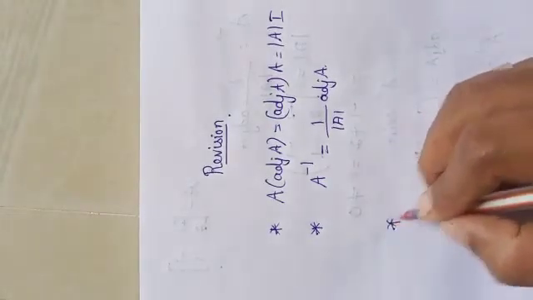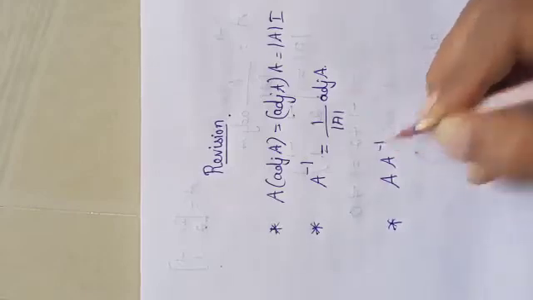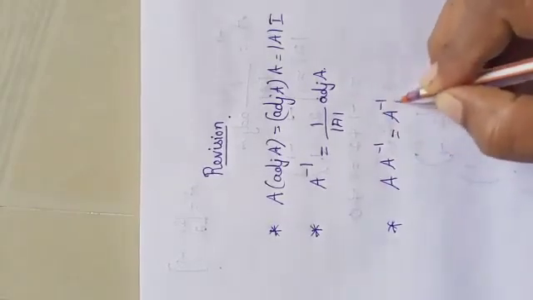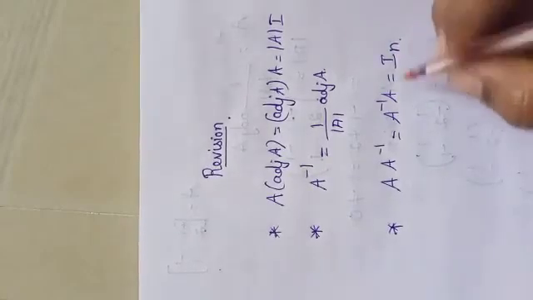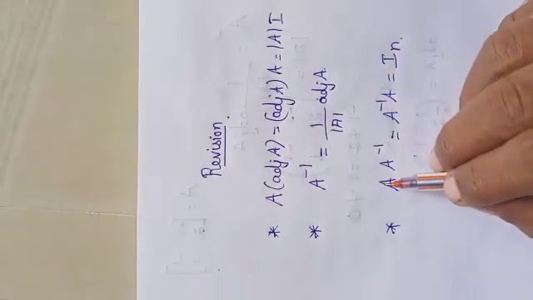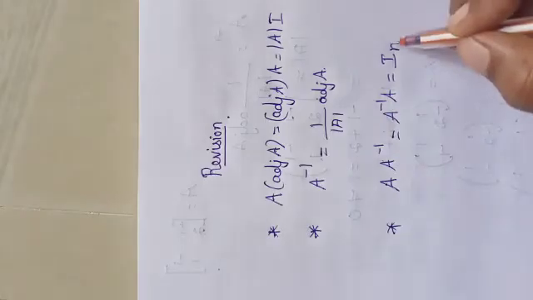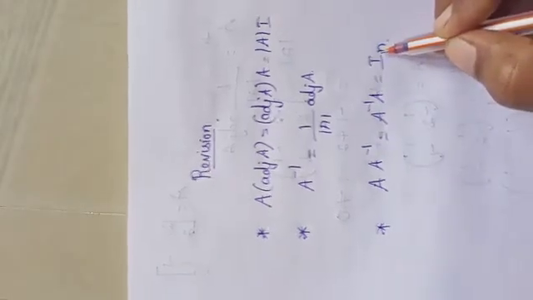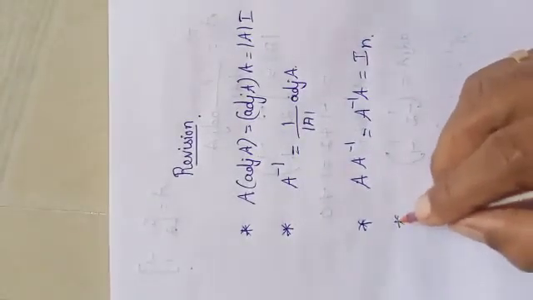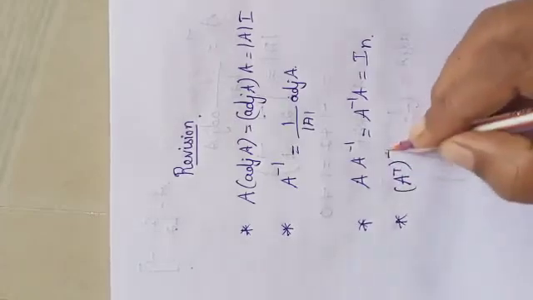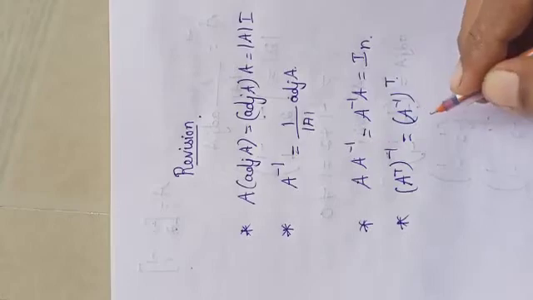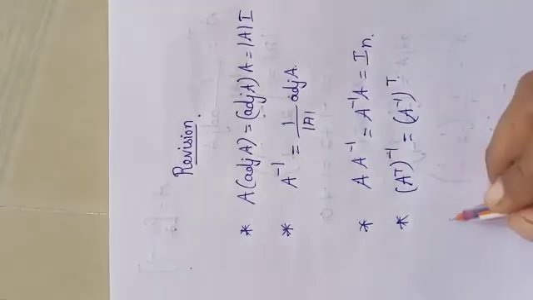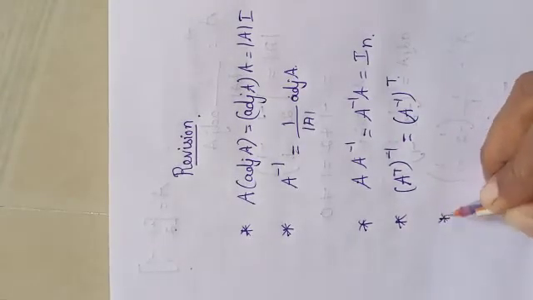Again, A into A inverse is equal to A inverse into A is equal to I n. When we multiply a matrix with its inverse matrix, we get the identity matrix. And also we learned that (A transpose) inverse is equal to (A inverse) transpose.